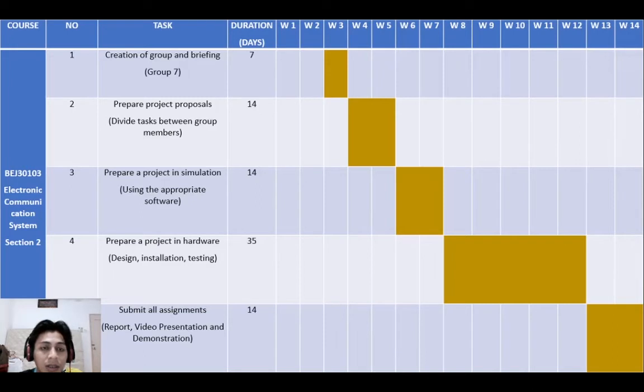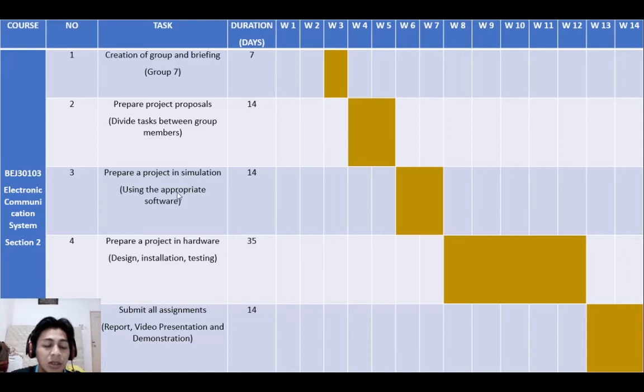So for the Gantt chart, in this Gantt chart we have 5 tasks, along with the task name, duration in days, and the week that we need to finish. Firstly, the first task is the creation of the group and briefing, where we are from group number 7. The second task is to prepare the project proposal, where in this preparation we divide tasks between group members. The third task is to prepare the project in simulation.